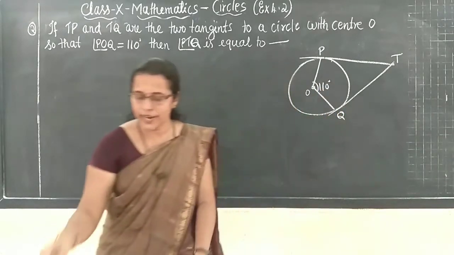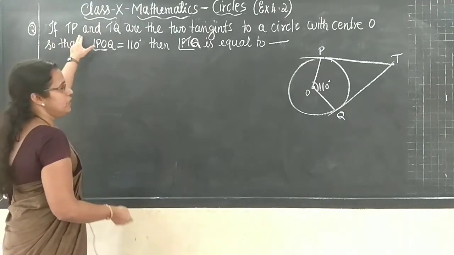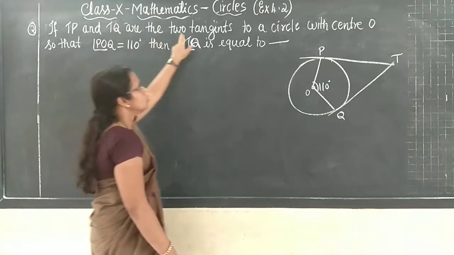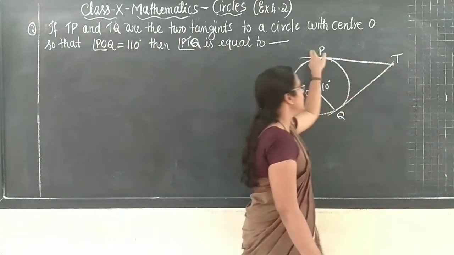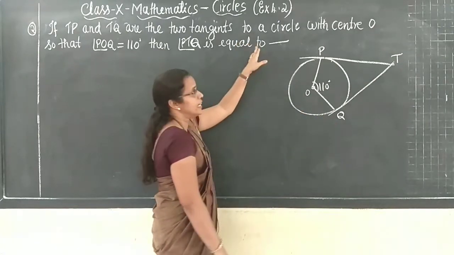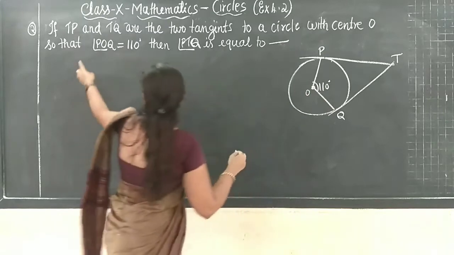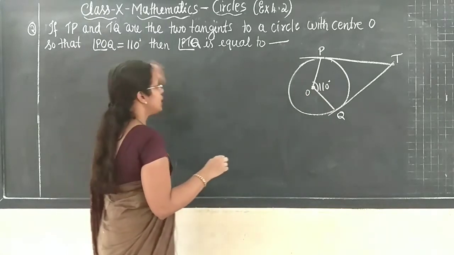What you have to find out, read the question properly once again. TP and TQ are the two tangents to a circle with center O. Find angle POQ.